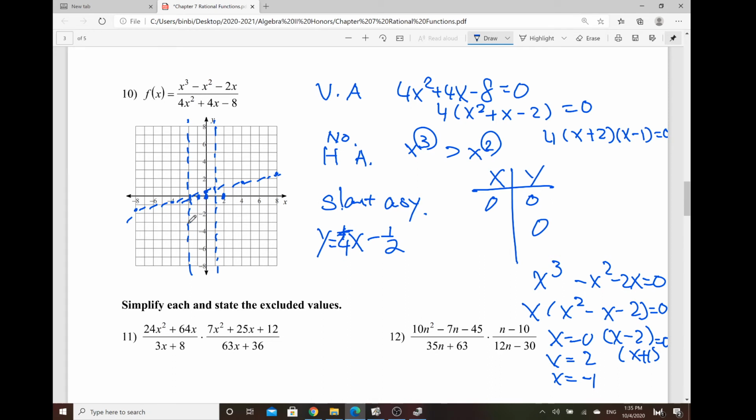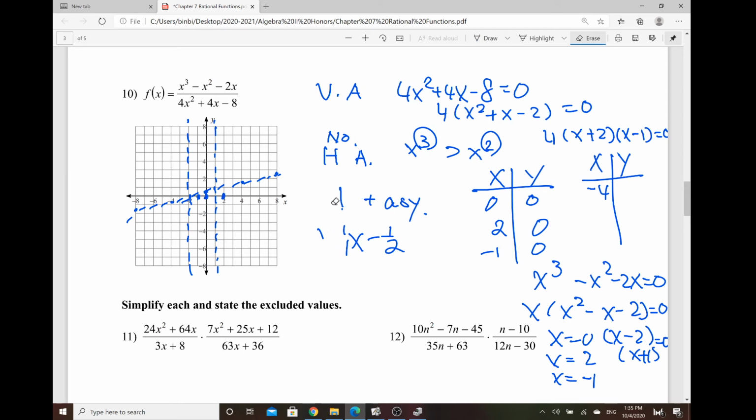Okay, so now let's try to get some points. So 2, 0, negative 1, 0. More xy table. Let's try to get some points here for the graph and see how the graph behaves, whether it's going this way or going down this way. Okay, so let's say I plug in negative 4. Now certainly you don't want to plug in a number like this, very difficult to evaluate.